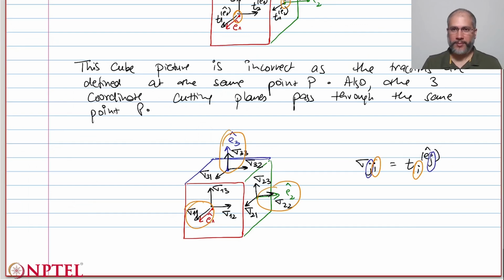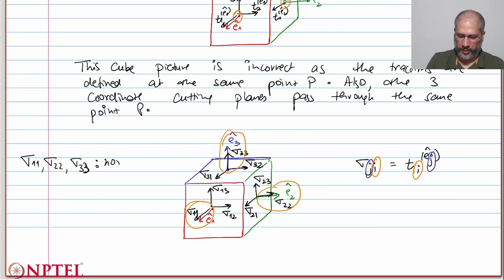So these three, that is sigma 1 1, sigma 2 2, and sigma 3 3, are called normal stresses because they act normally to the plane, or along the normal to the plane.